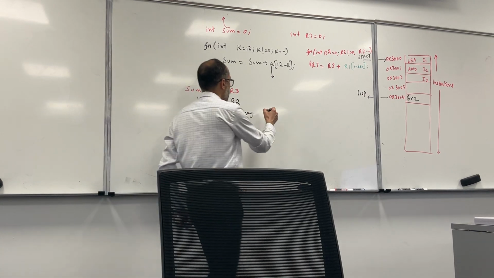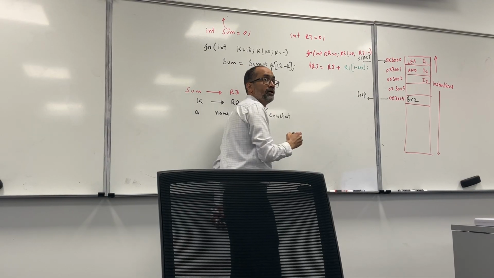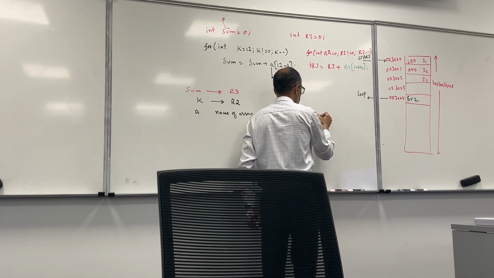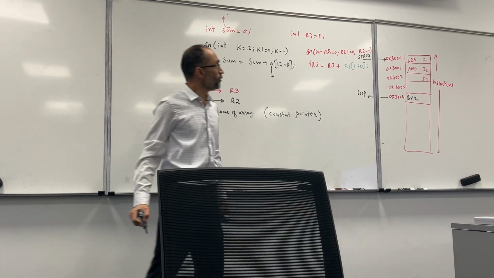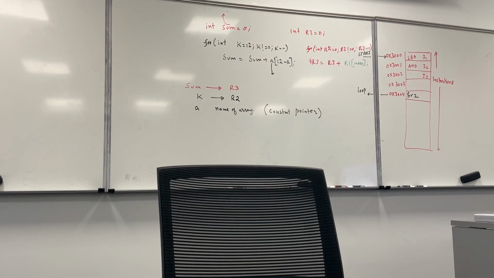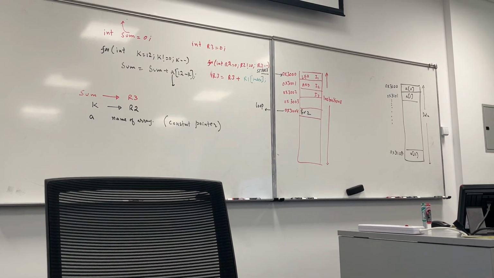The name of the array is a constant pointer. Now if you look at the memory, what is the constant pointer in this example?